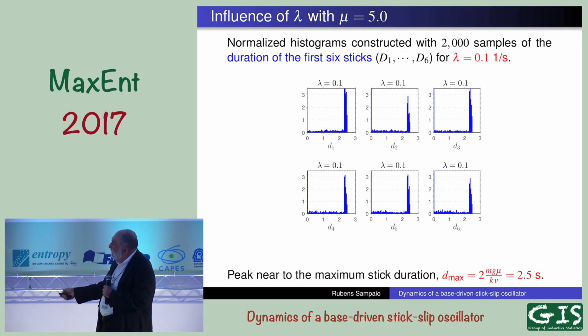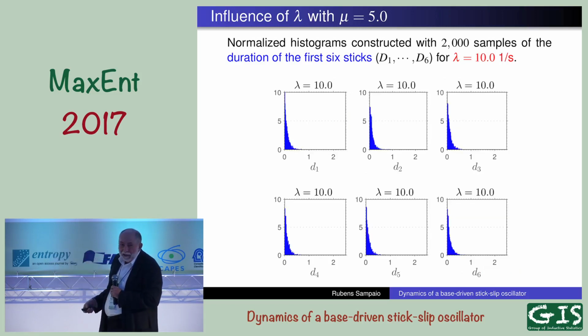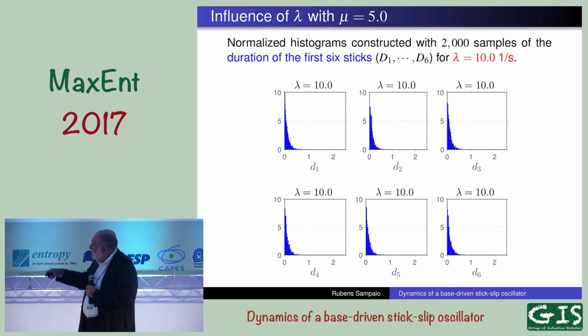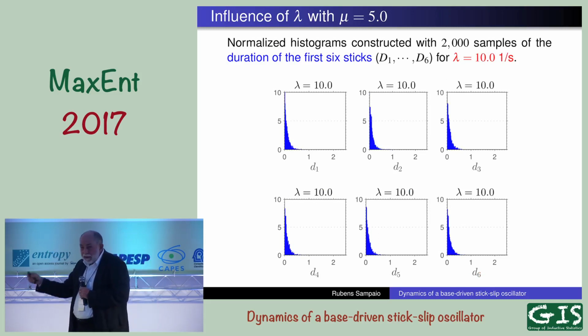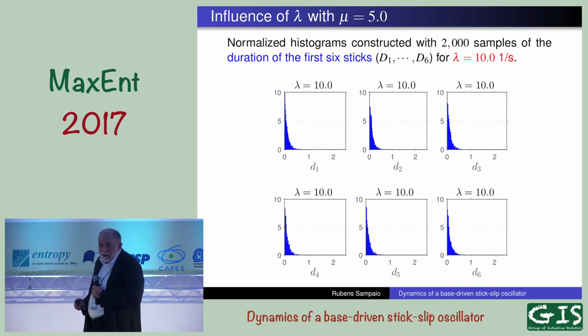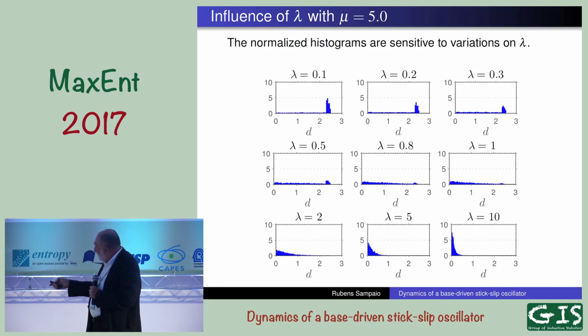The sticks always end at the maximum value. So if I have 10, it's completely different. Look at this. Here, everything's at the end, and here, everything's in the beginning. Because the stick stops when the velocity of the belt changes.